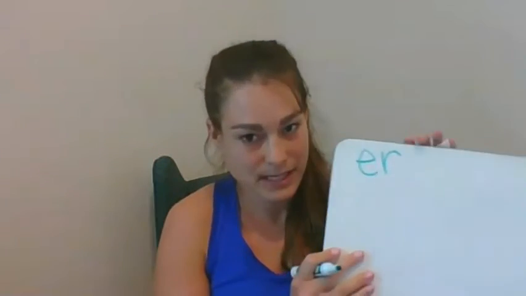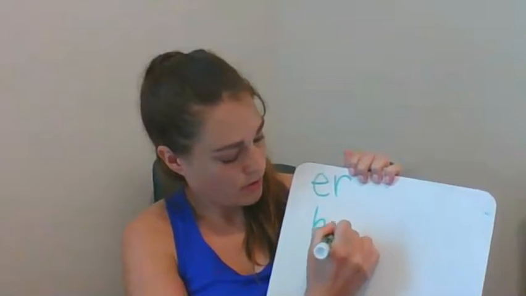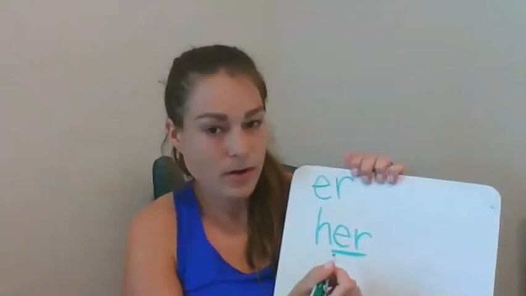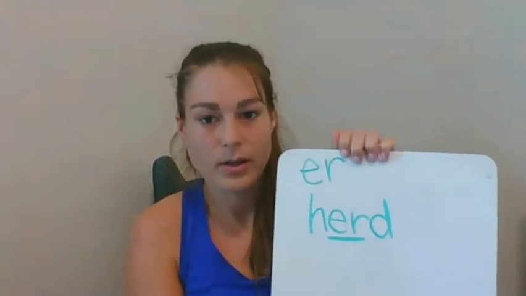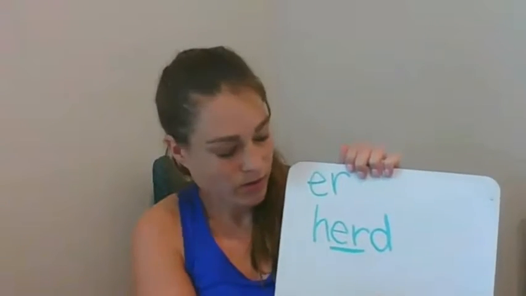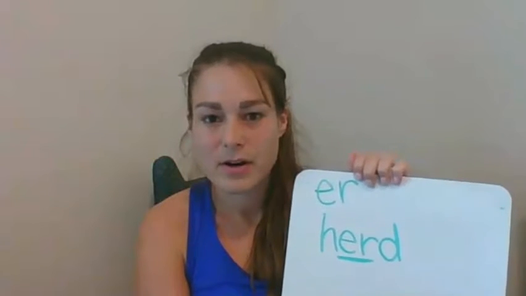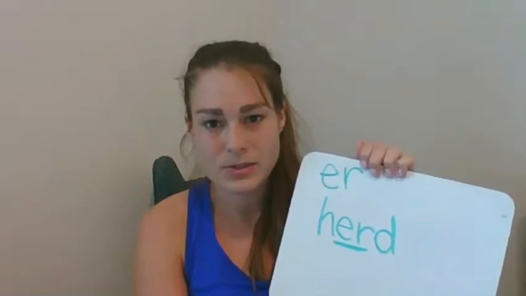So let's do it together. We have h, there's our ER sound, bossy R, d. Herd. Excellent. And your next word is a verb. Now, we haven't talked about verbs too much. Verbs are a type of word that describe what you do.